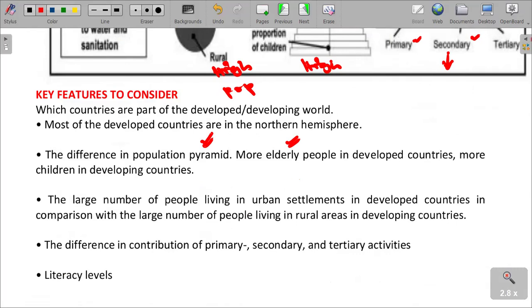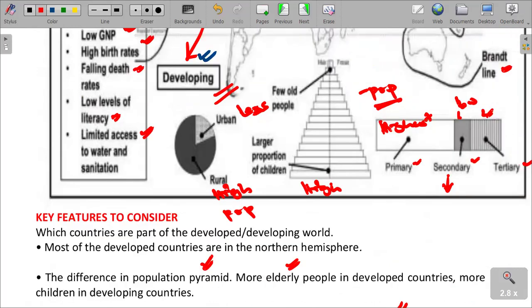A larger number of people live in urban areas in developed countries, in comparison with a larger number of people living in rural areas in developing countries, which is caused by various limiting factors such as infrastructural development and the dependence on the primary sector illustrated here.